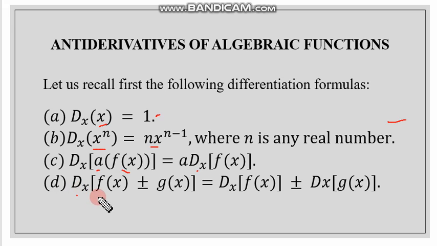And lastly, the derivative of f of x plus or minus g of x is equal to the individual derivatives. So the derivative of f of x plus or minus the derivative of g of x. The remaining differentiation rules will have a different effect on the antiderivative rules. But for this one, it's very useful for the antiderivative of a function.